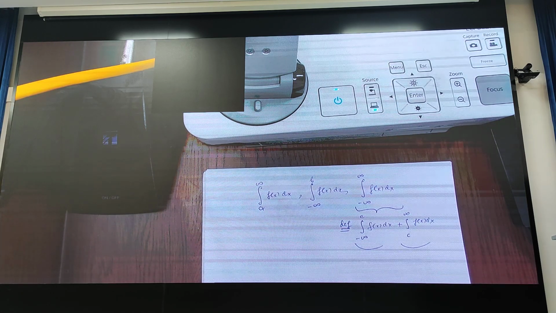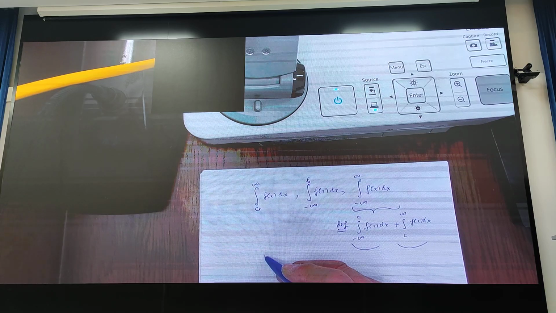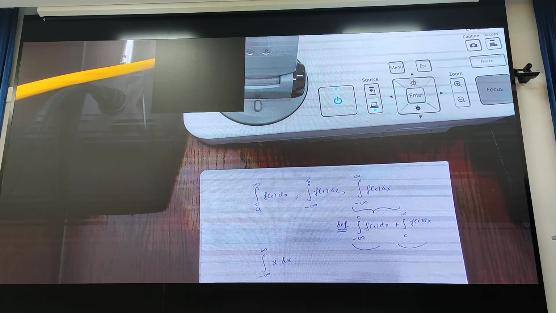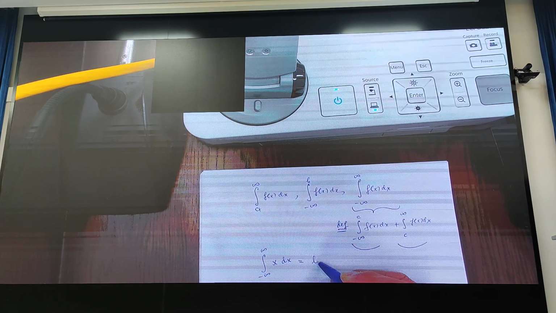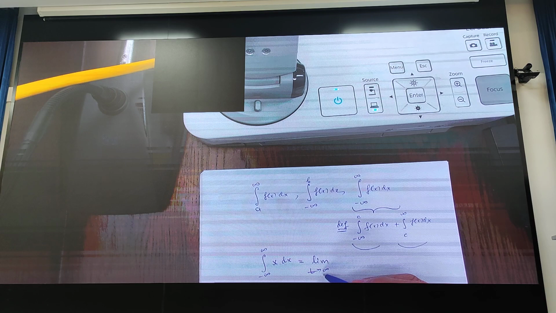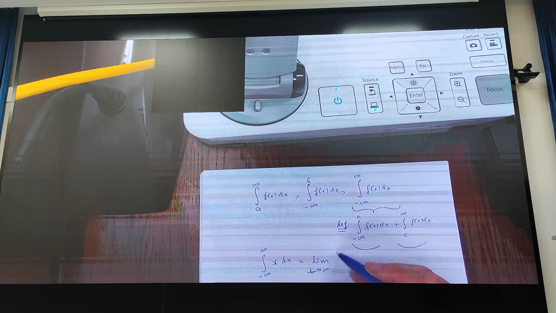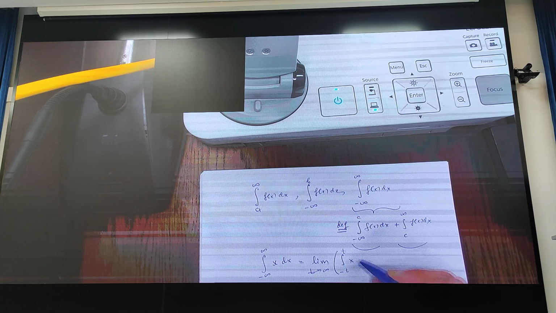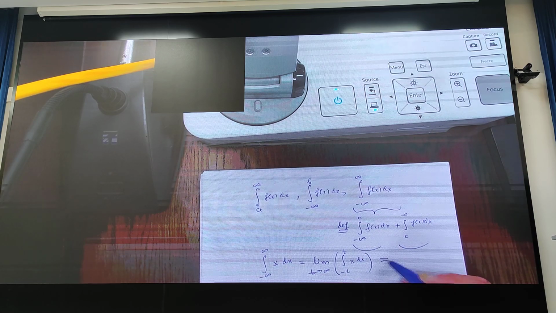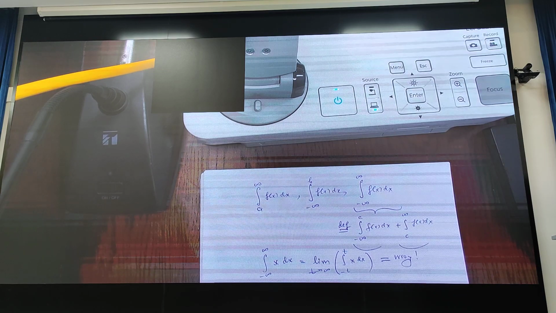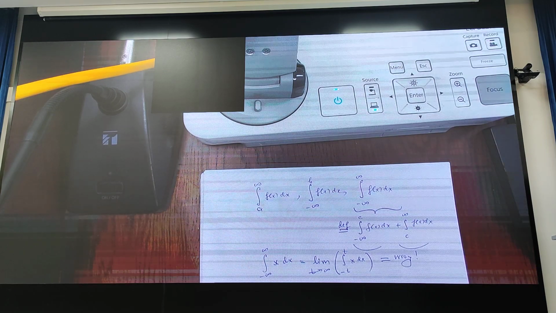And I already talked about the counterexample when we consider f(x) is x. If you take t tending to infinity, and you take the integral from minus t to t of x dx, then it is wrong. Okay? So pay attention to that.